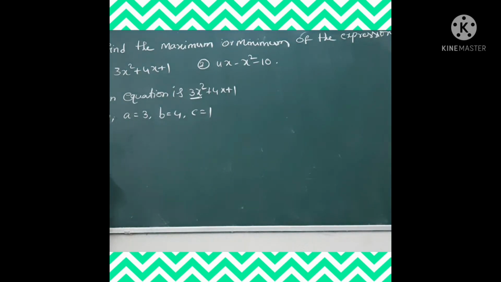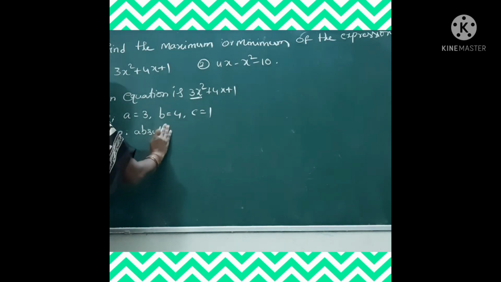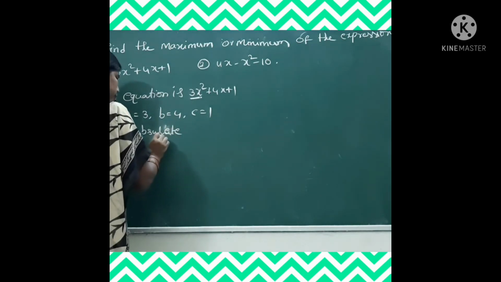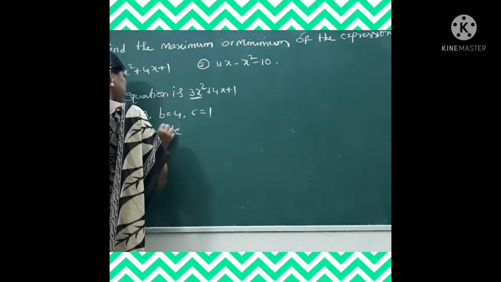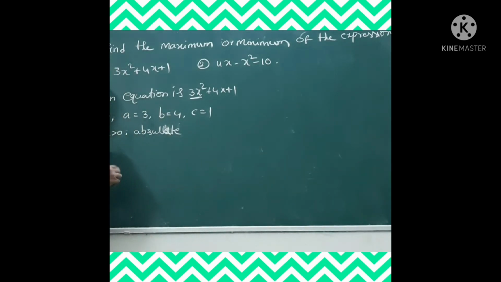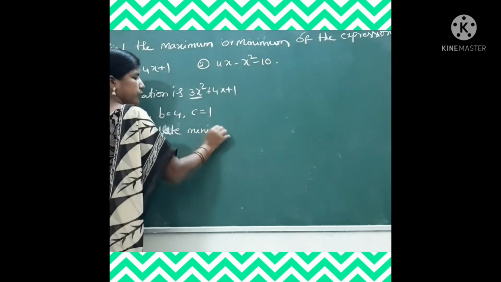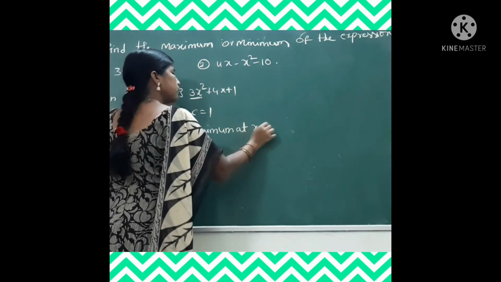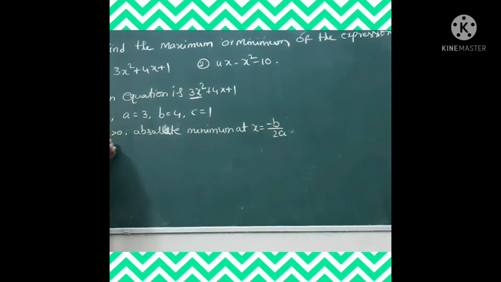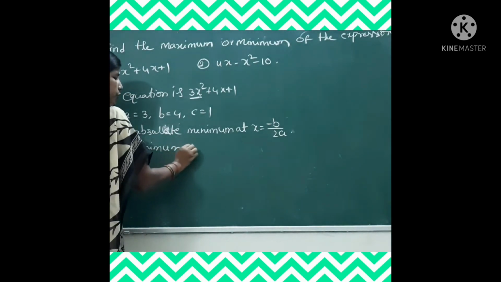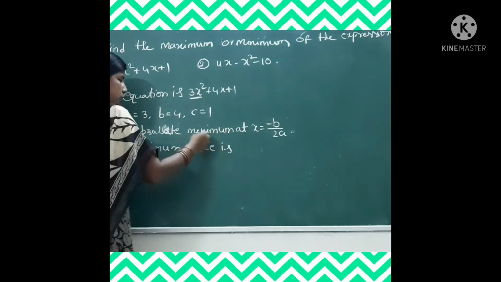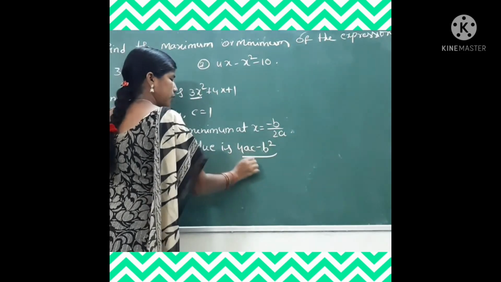Here now a greater than 0, absolutely minimum at x is equal to minus b by 2a and minimum value is 4ac minus b square by 4a.